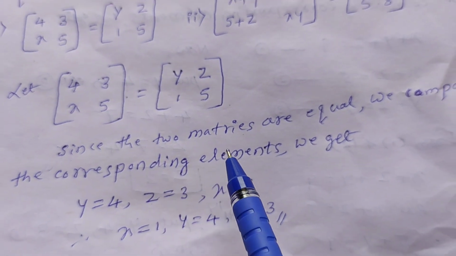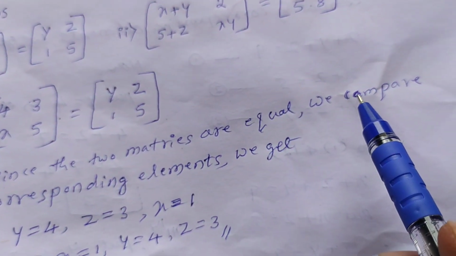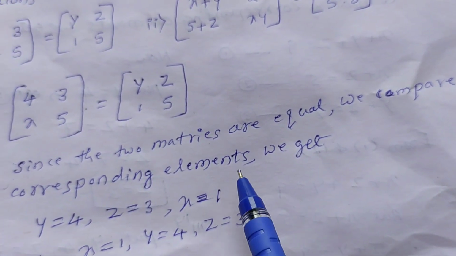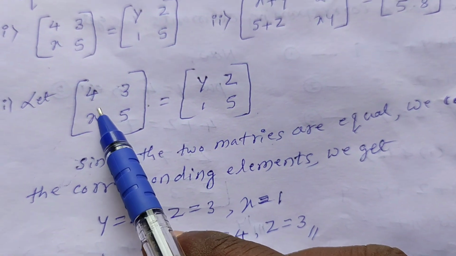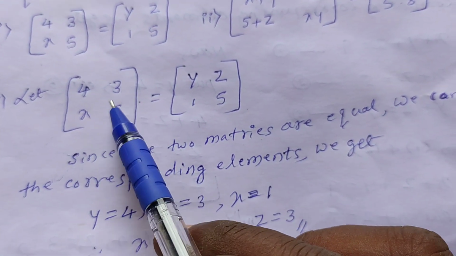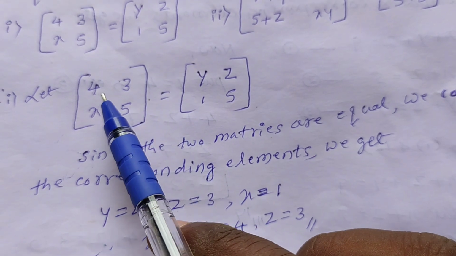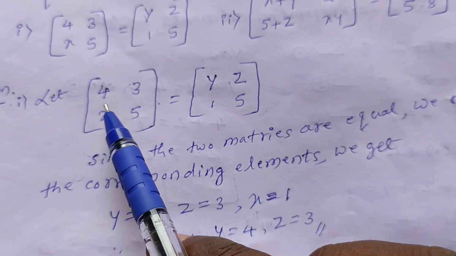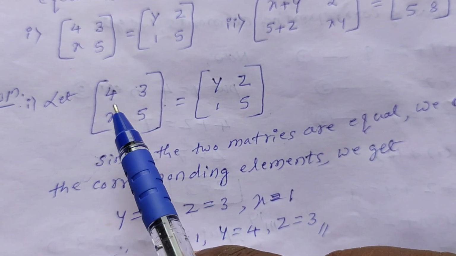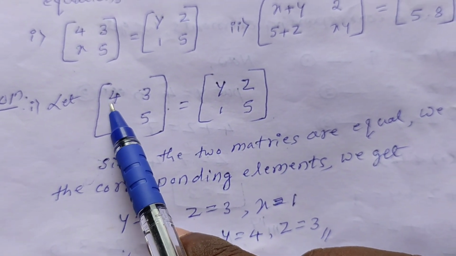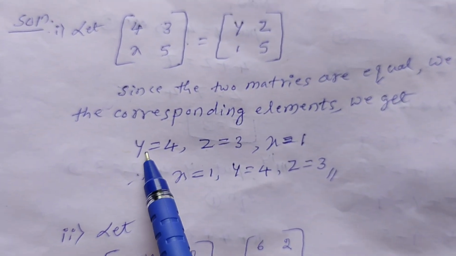Since the two matrices are equal, we compare the corresponding elements. In place of 4 there is a y, therefore y equals 4.